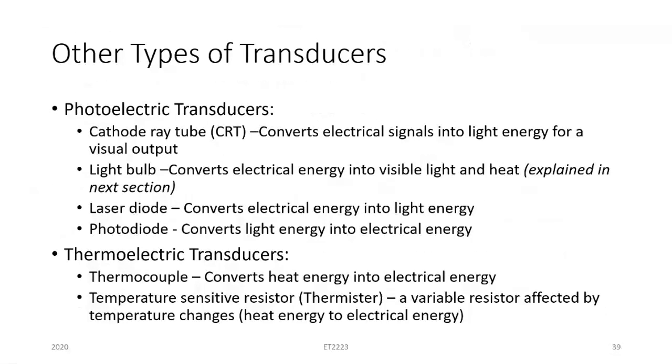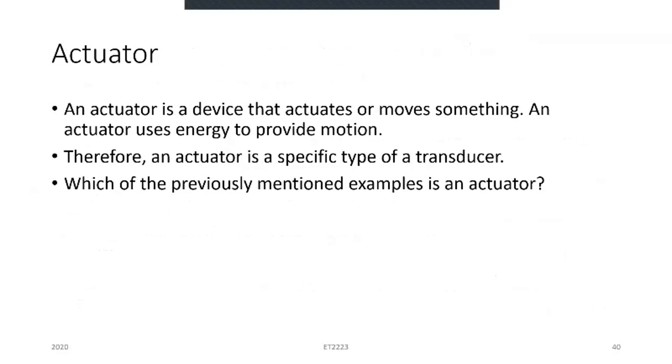Then there are photoelectric transducers, thermoelectric transducers. Again, a different form of energy conversion is what's happening. Then within transducers, there is another subcategory of devices that we would identify as actuators. The main point about actuators is they actuate or move something.